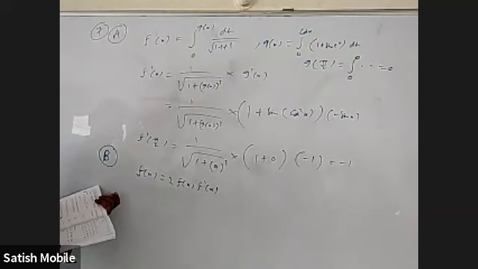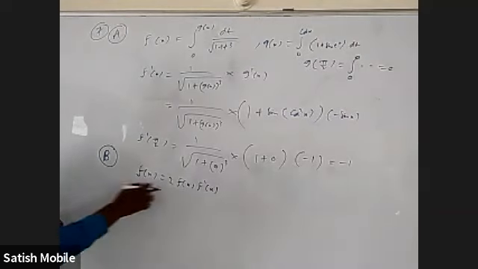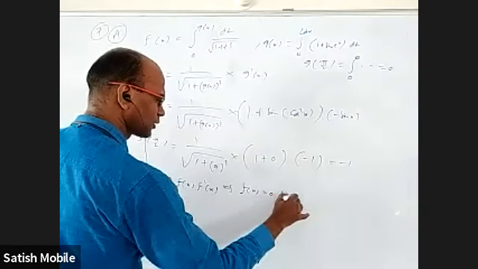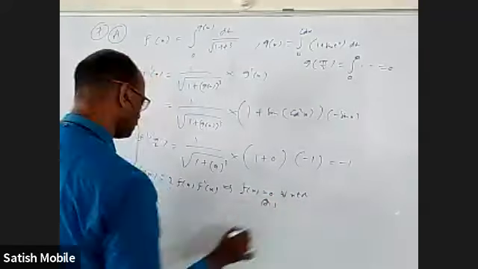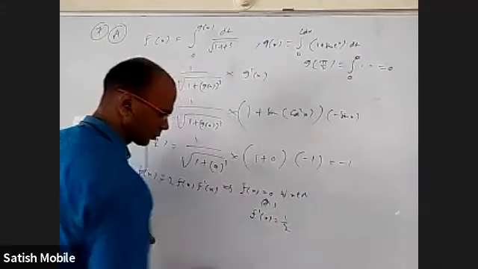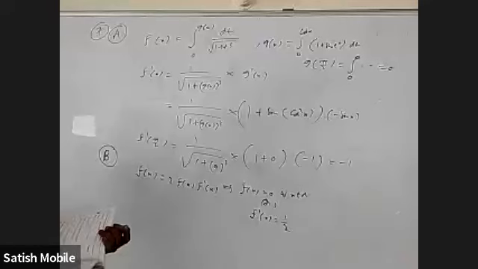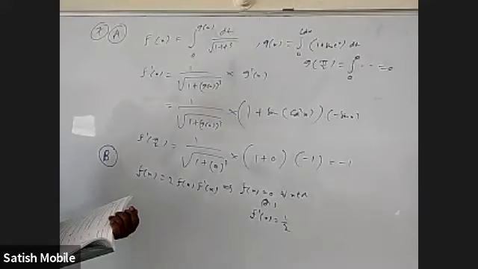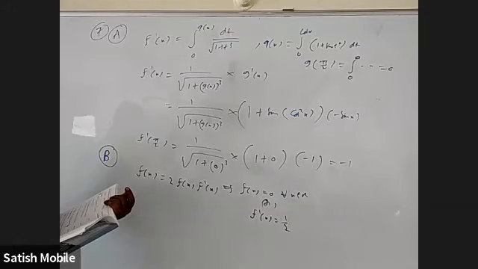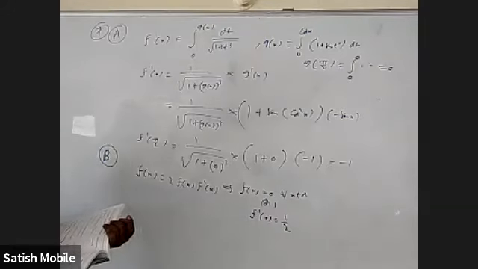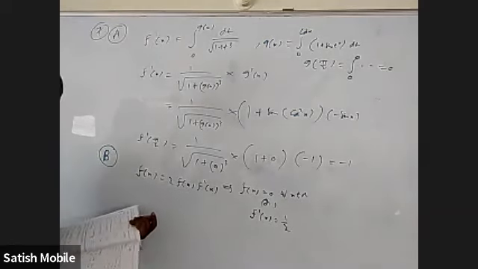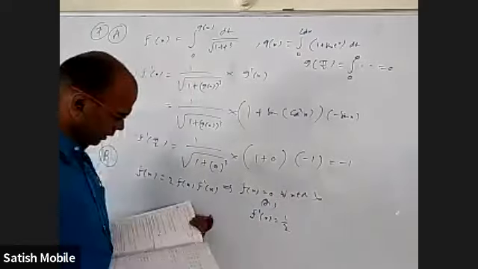So either f of x is 0 for all x belongs to R, or f dash x is 1 by 2. F of x cannot be always 0, because then LHS is 0, RHS is 0, fine, no problem. But the question says non-zero function, so you cannot take that. So f dash x is 1 by 2.